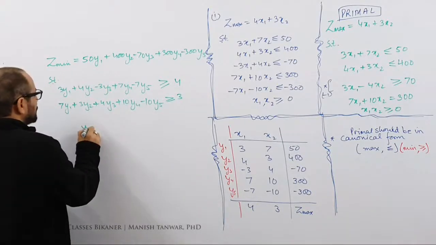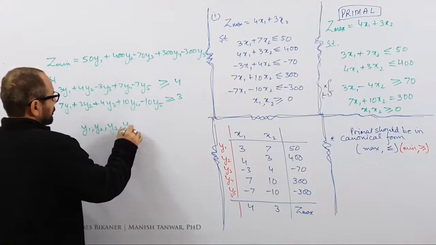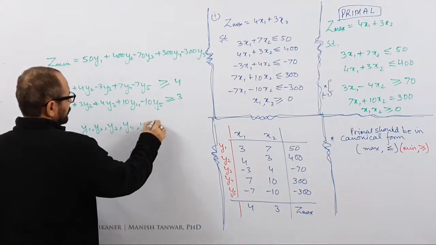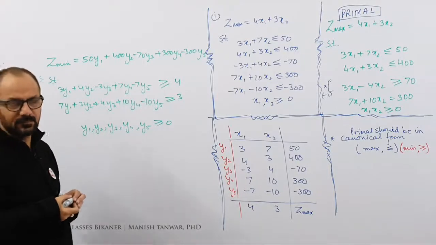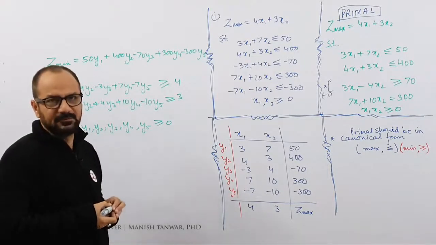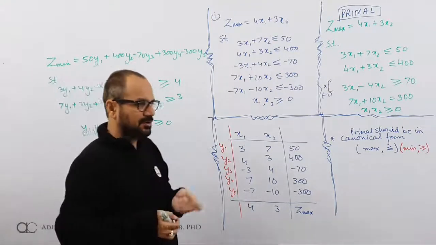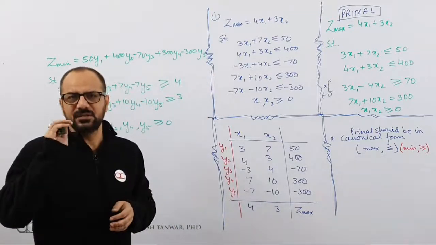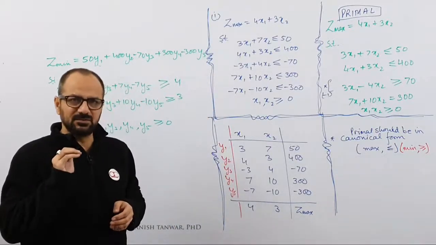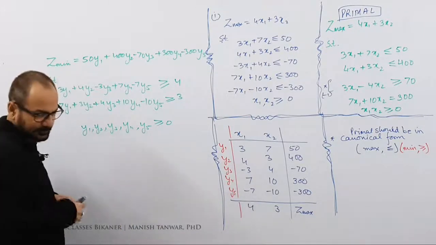And of course, y1, y2, y3, y4, y5 should all be greater than or equal to 0. Variable cannot be negative. My solution cannot be negative. Whenever I am suggesting a solution, this will be the cost, these many units need to be produced. Everything should be greater than or equal to 0. At most, you can drop down to a level of 0. You cannot get into the negative zone. This is the idea of dual.